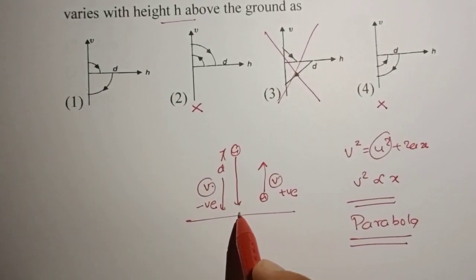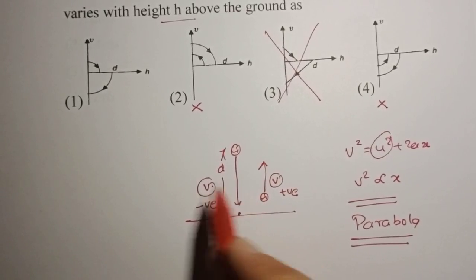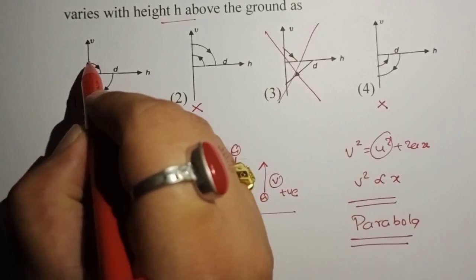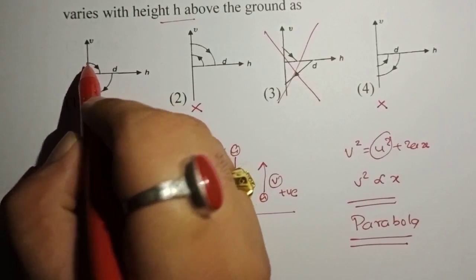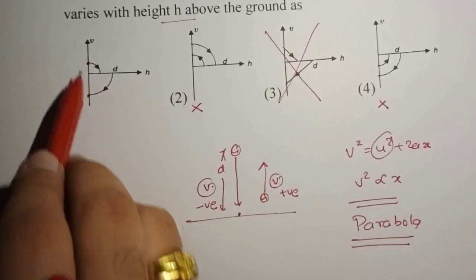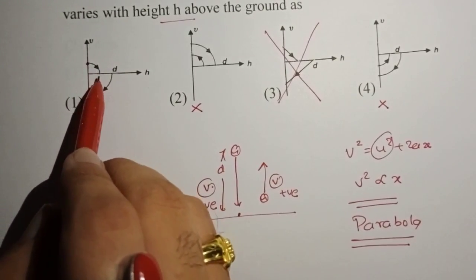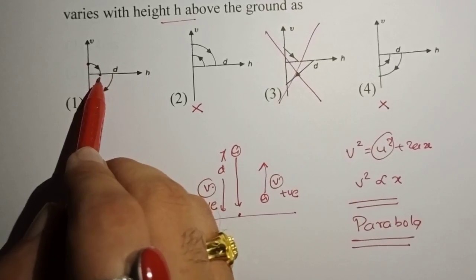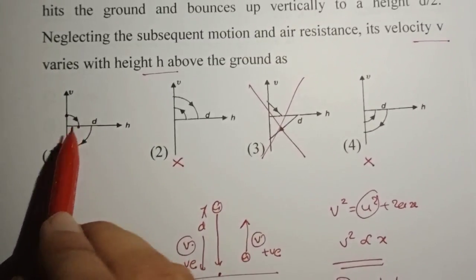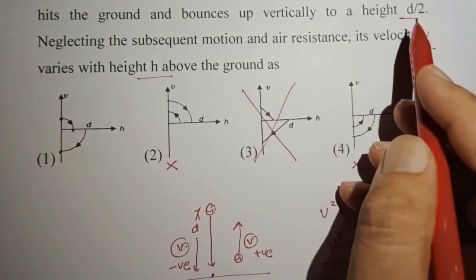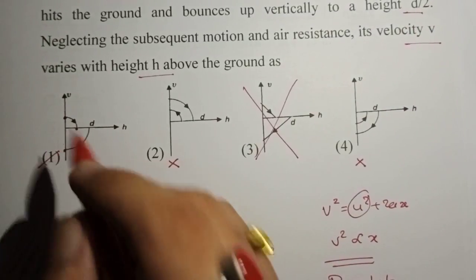Then the ball just hits the ground and suddenly starts moving up. Suddenly the velocity is positive. When the ball goes up, velocity decreases but is still positive, and it reaches a height equal to d by 2. So therefore the first option is correct.